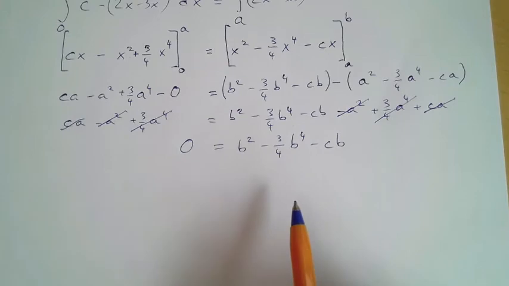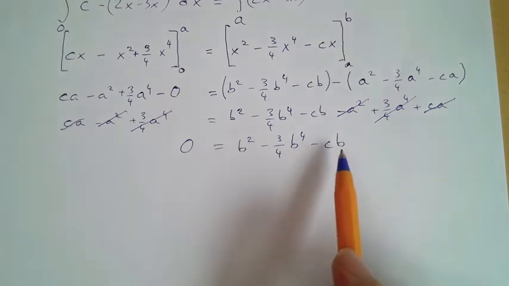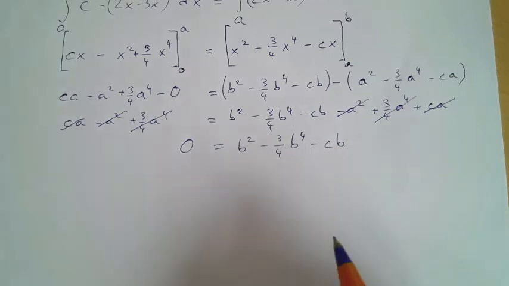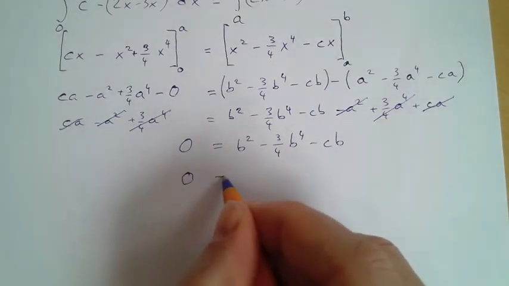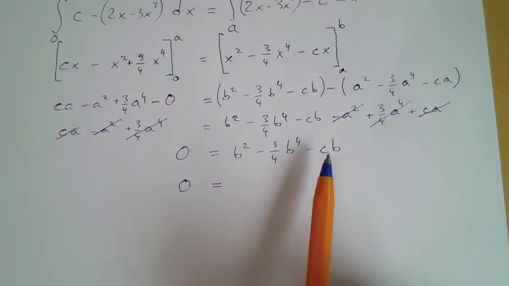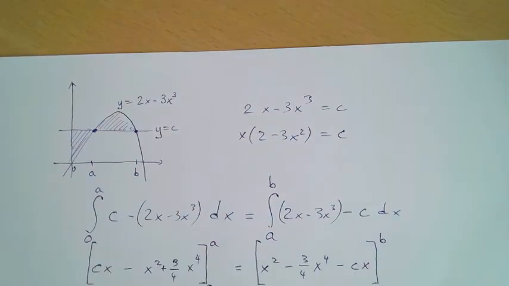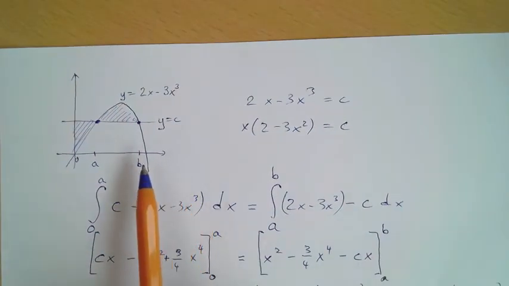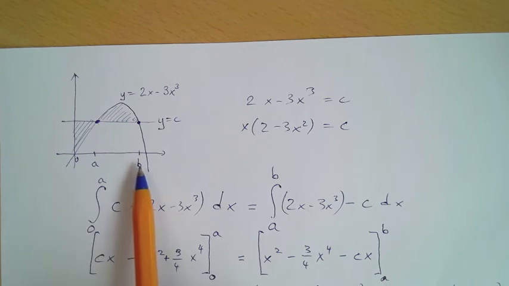From here, we may want to start by factorizing b, but in fact there's something even better that we can do at this point in this highly difficult exercise, and that is to substitute the value of c. We know that c is the output when you plug in b in the cubic function.